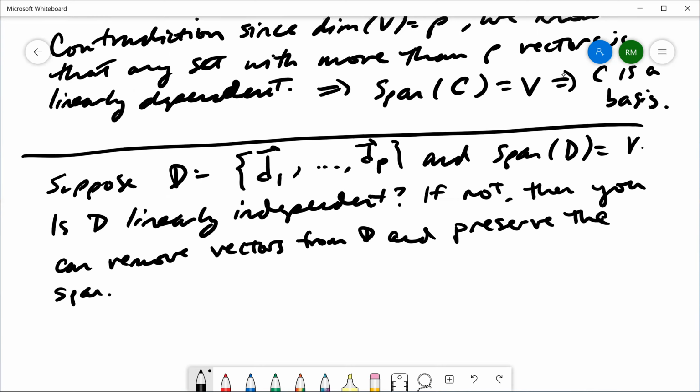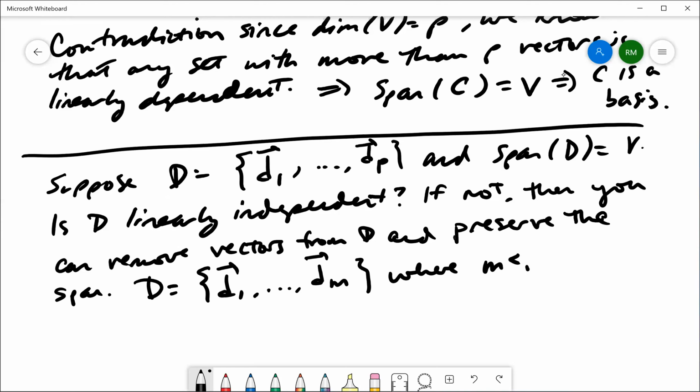So let's do that until D is a linearly independent set. So let's just get rid of some vectors. And let's say we reduce it down to M vectors, where M is less than P. And now this set is linearly independent.